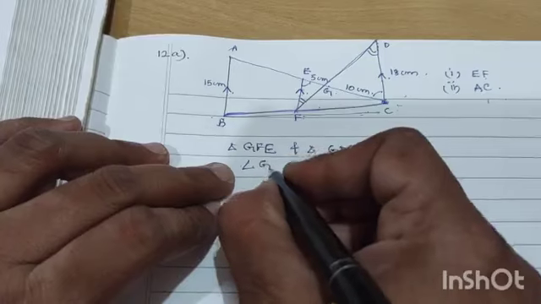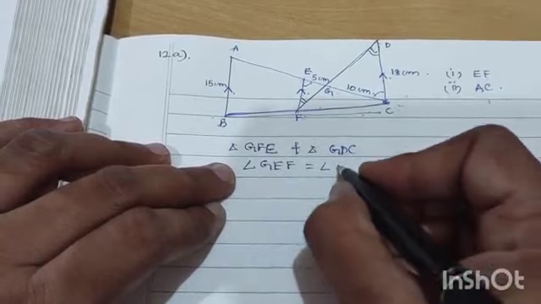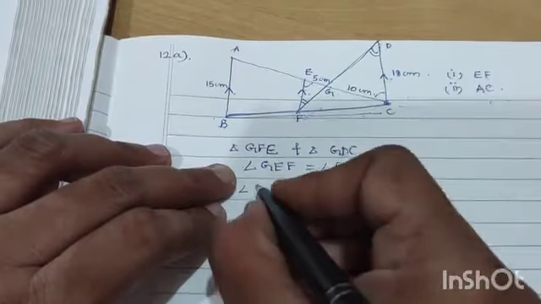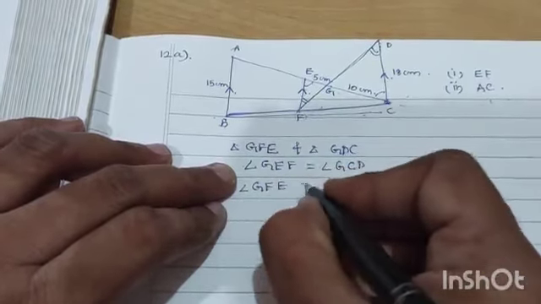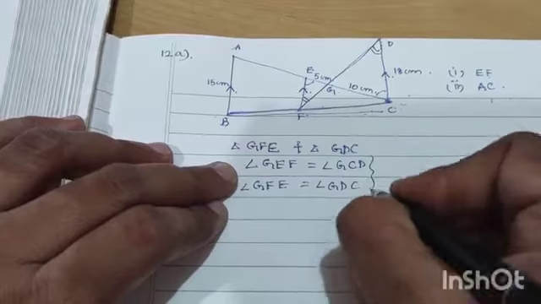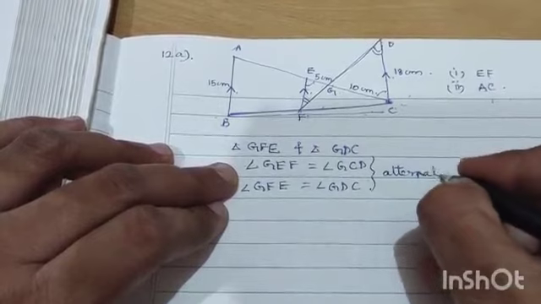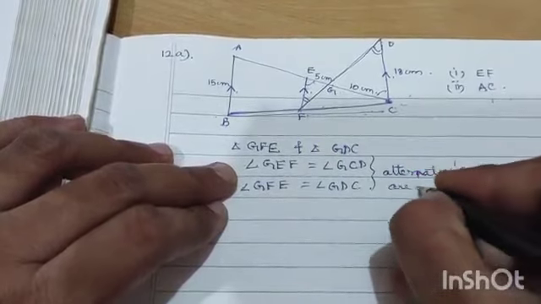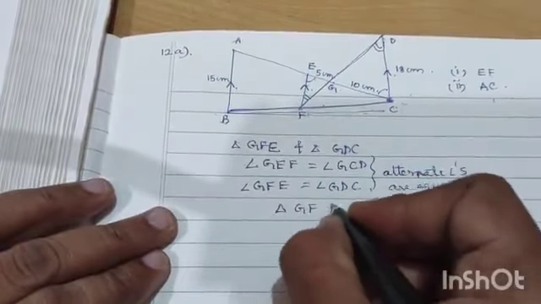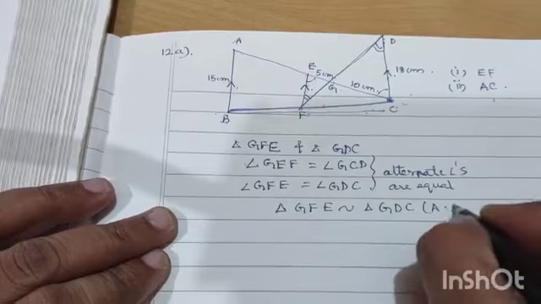So we will write that angle GEF is equal to angle GCD and angle GFE is equal to angle GDC, since alternate angles are equal, and so triangle GFE becomes similar to triangle GDC by AA property.